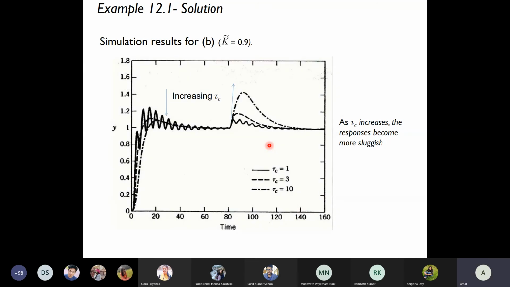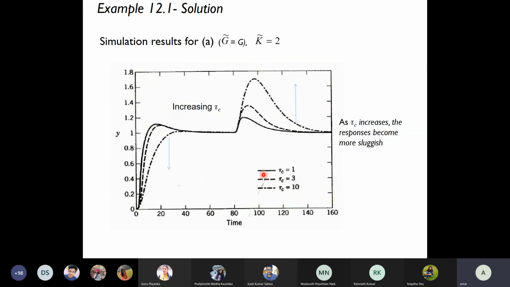But when we simulate the same thing for k 0.9, here I have designed the controller parameters for k hat 0.9, but the actual process gain is 2. So if I do that, you can see, if I use tau c is equal to 1, in the earlier case we found that tau c is equal to 1 is a very good choice.